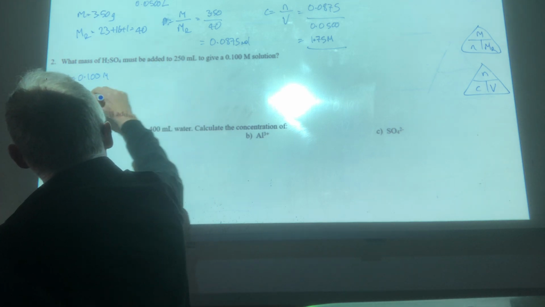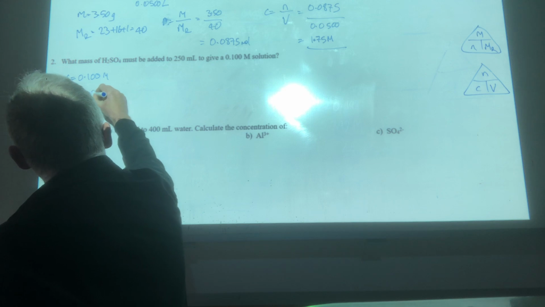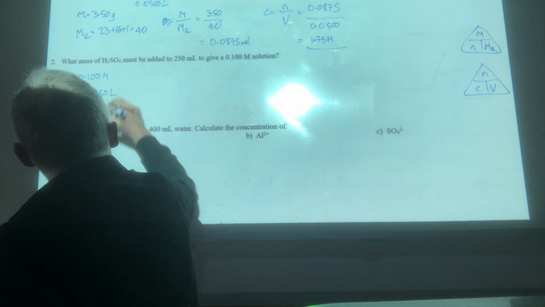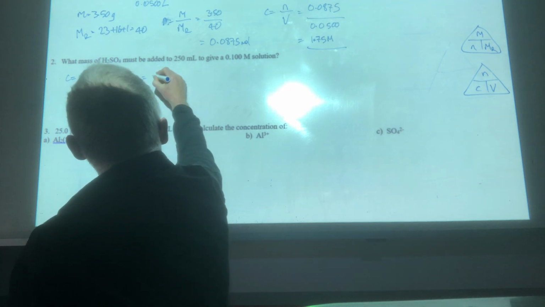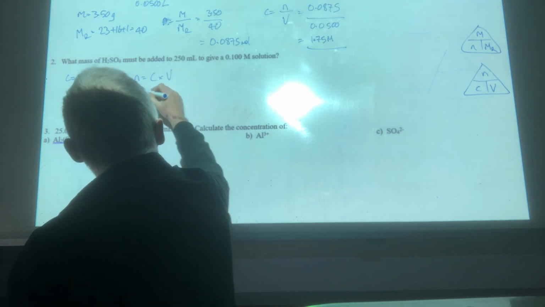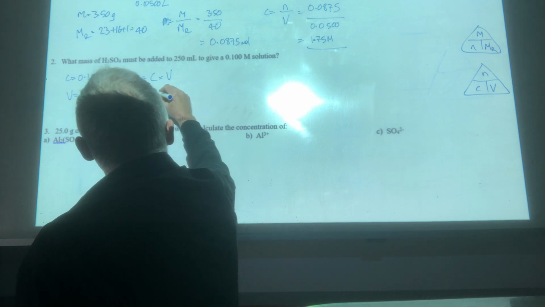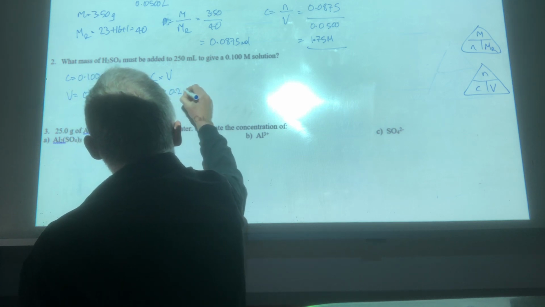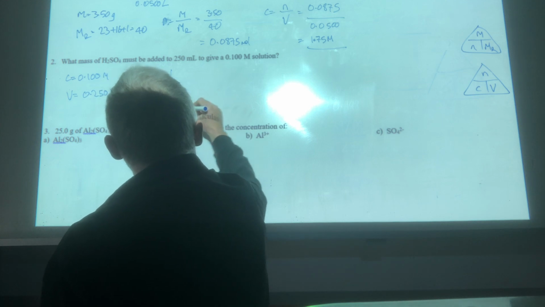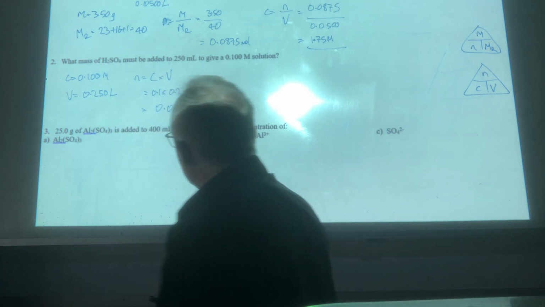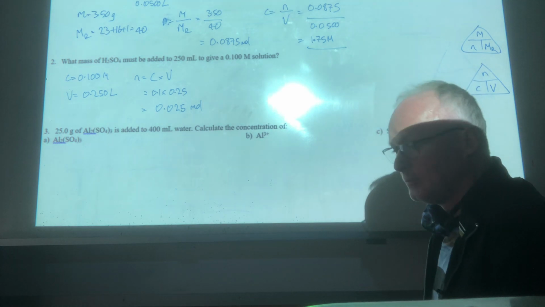Of course, we'll just divide that straight away by 1,000 to turn it into litres. From the concentration formula, N equals C times V. Gives us the number of moles.